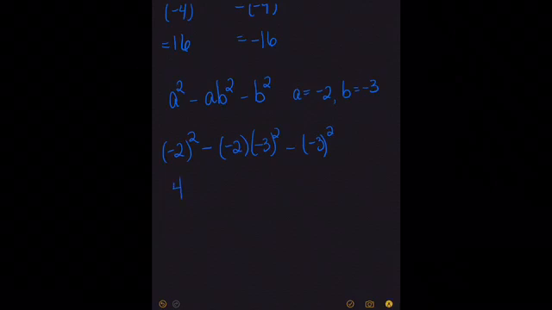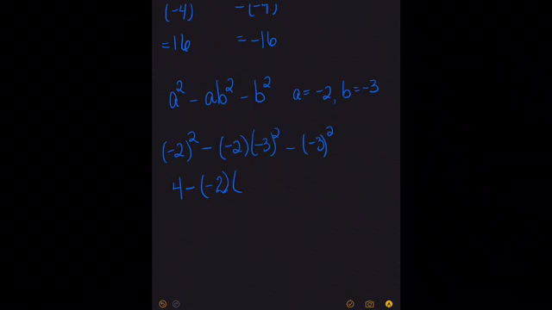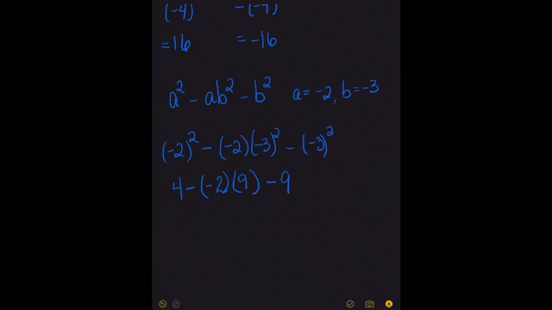So we have +4 minus, let's just do the exponent, -2 times, what is (-3) squared? -3 times -3 is +9 minus, once again, (-3) squared is +9.